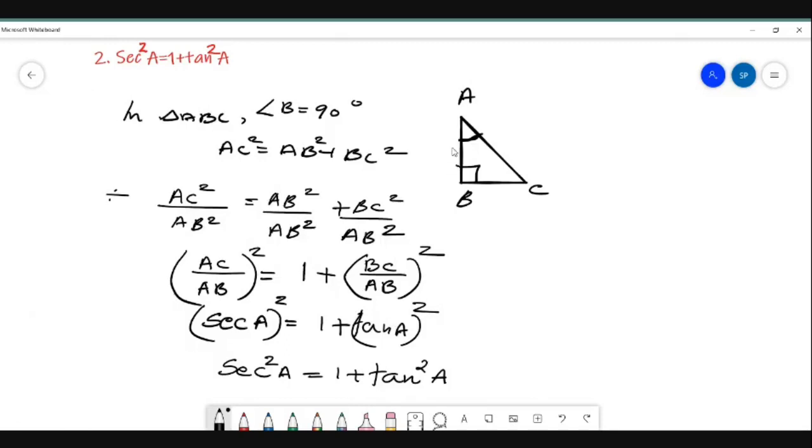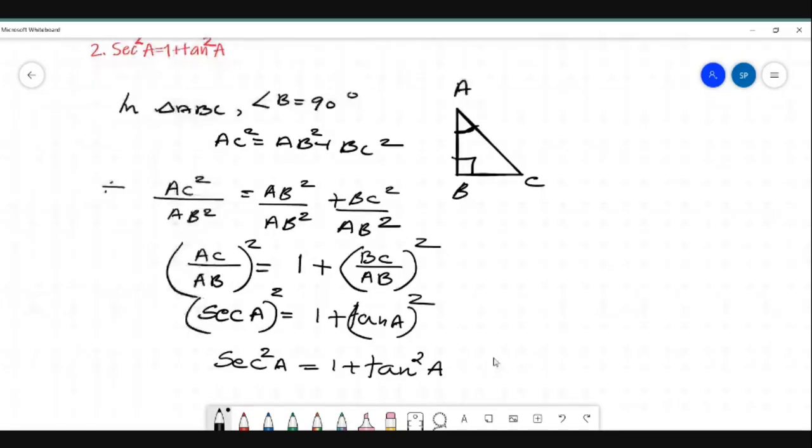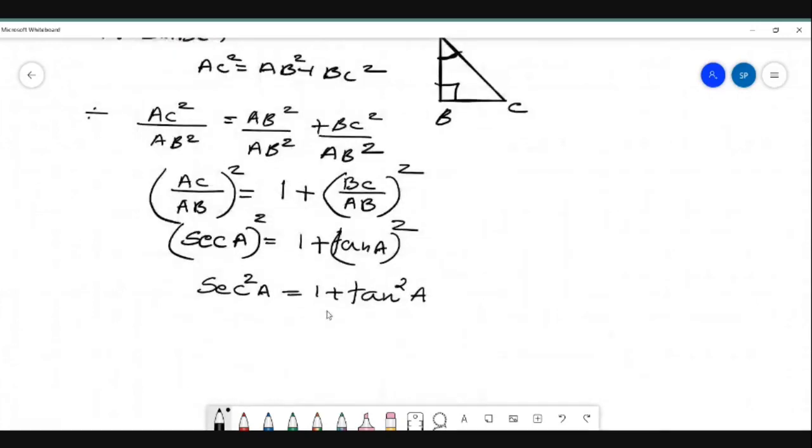With respect to A, opposite side by adjacent side is tan A. So sec square A equal to 1 plus tan square A. From this also we can write two more relations, that is sec square A minus 1 equal to tan square A, and sec square A minus tan square A equal to 1.